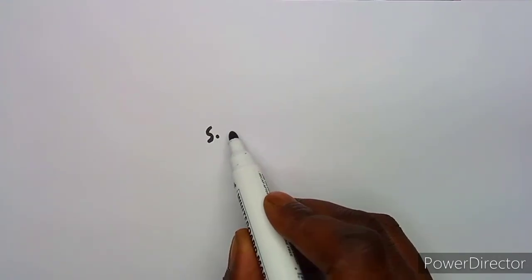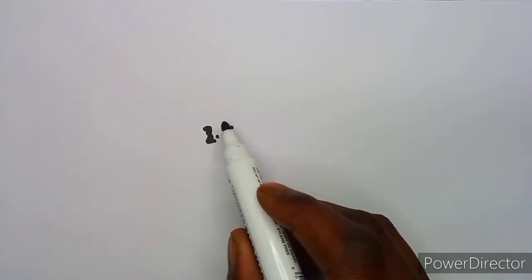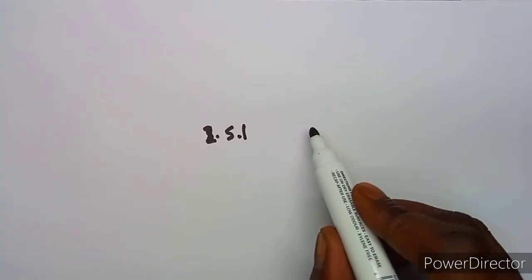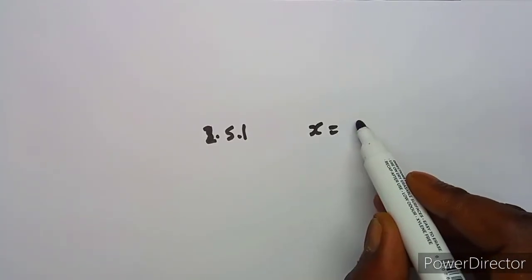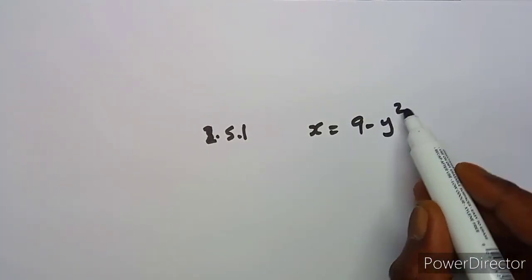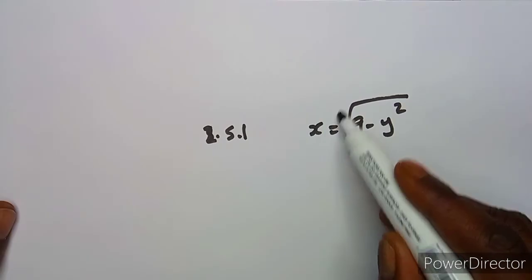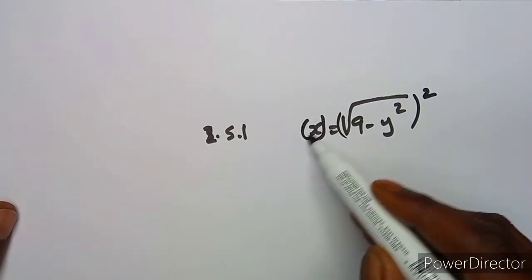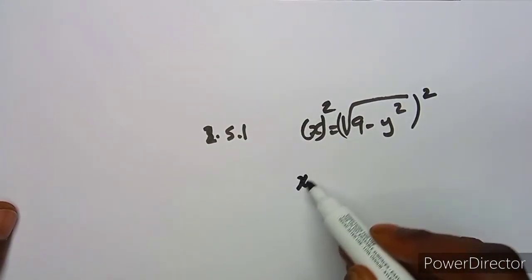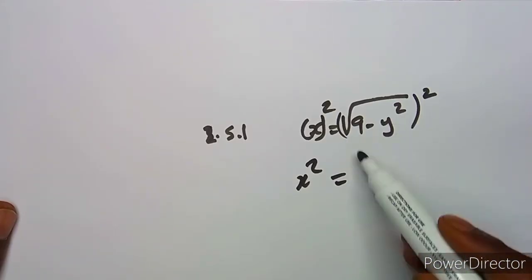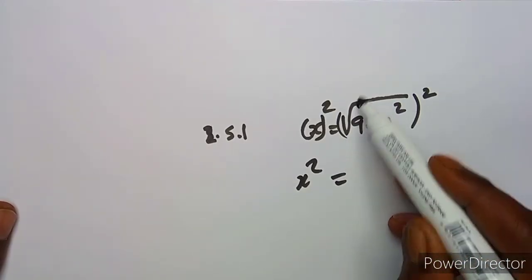On any other part that is not clear, guys, let us just know in the comment section. So x is equivalent to the square root of 9 minus y squared. So this is actually a circle, guys. If you cross-check properly, the moment you square both sides, it's going to be x squared is equal to 9 minus y squared, removing the square root.